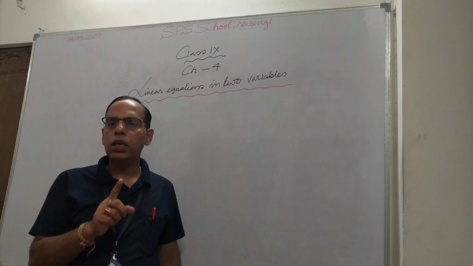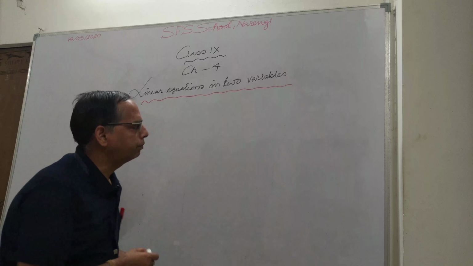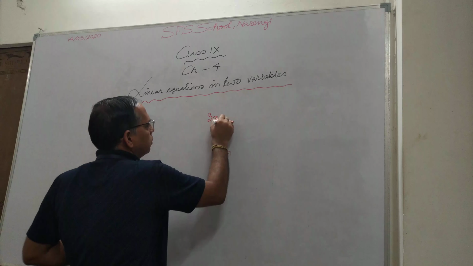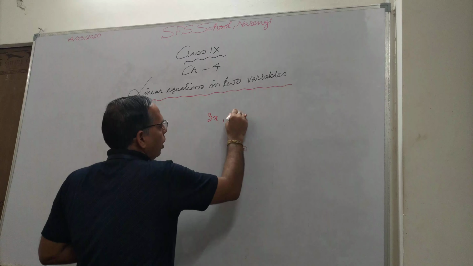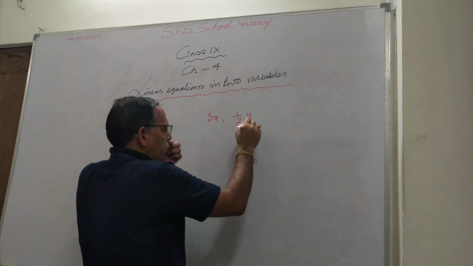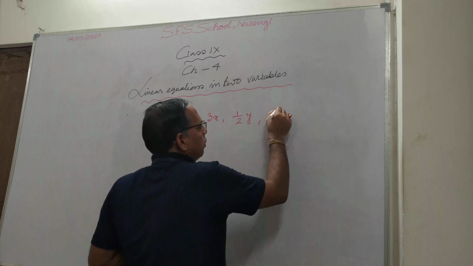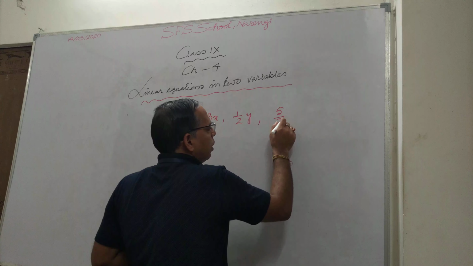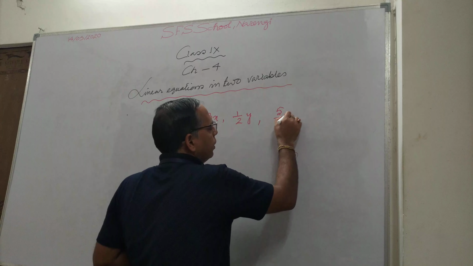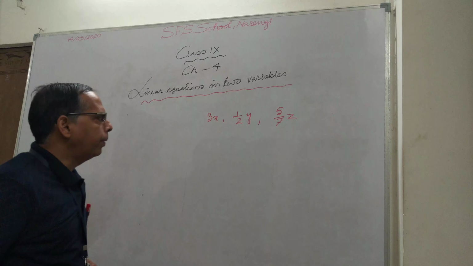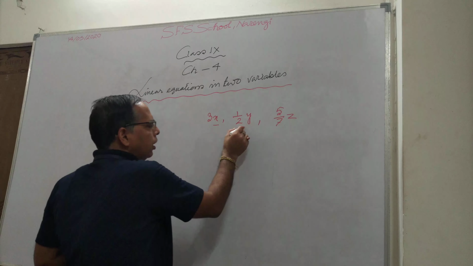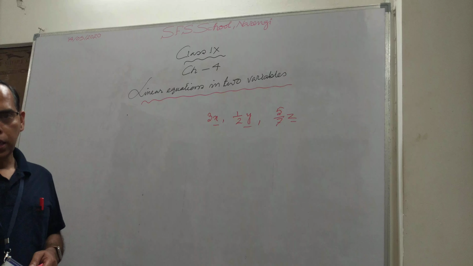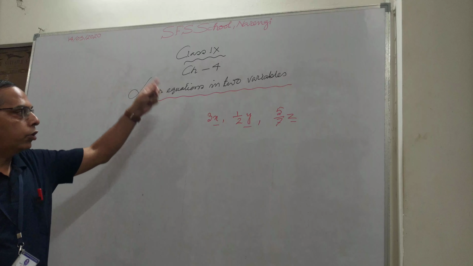See, 2x, 1 by 2 y, 5 by 7 z. Everywhere you can find degree is 1. So that's why they are known as linear. Linear equation in two variables.